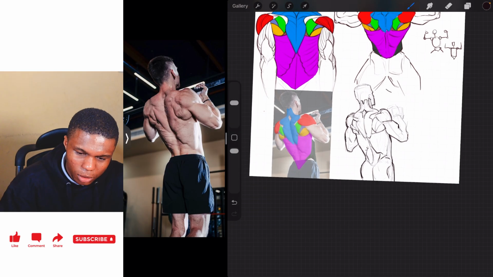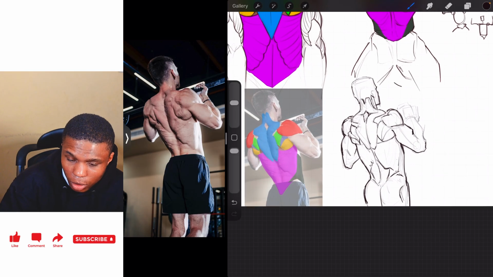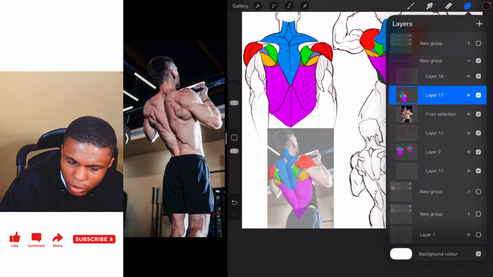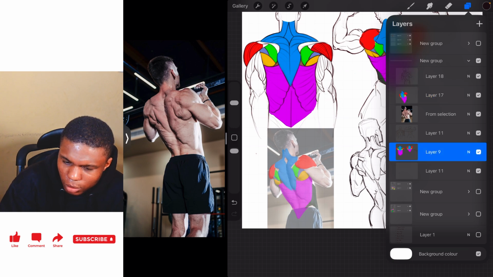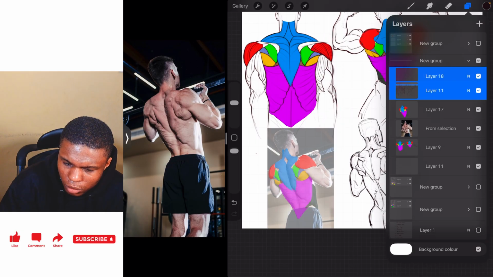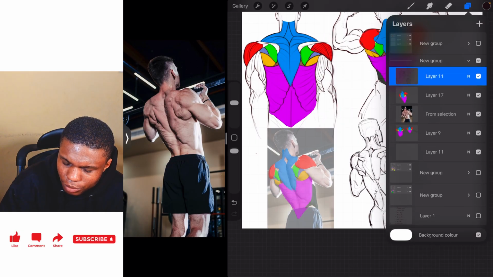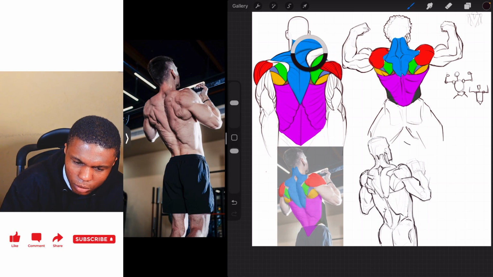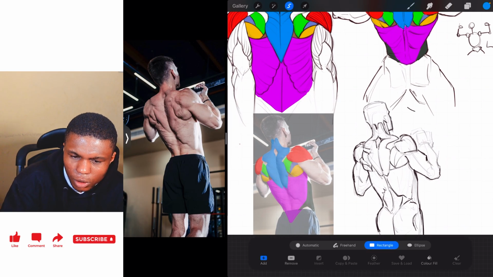Don't really need to add it, but anyways, we've done the breakdown of the muscle, and then you could add your colors to differentiate it. Colors are the fun parts, to be honest. Let's just bring this here. So, traps.